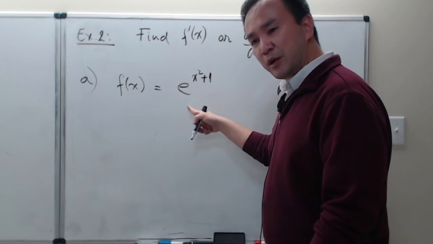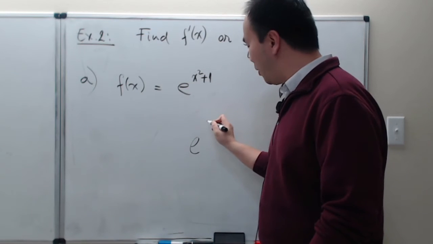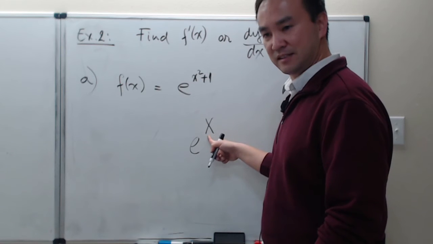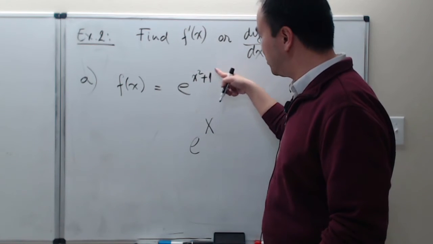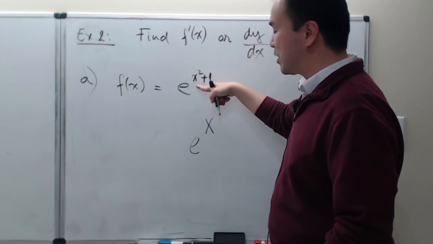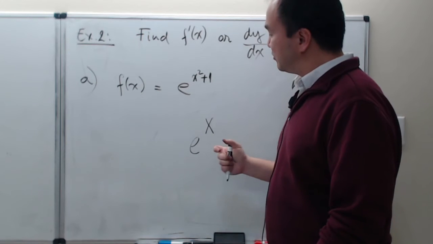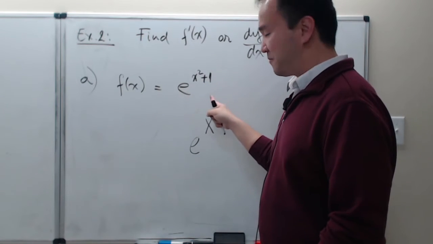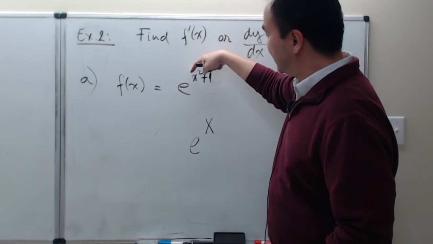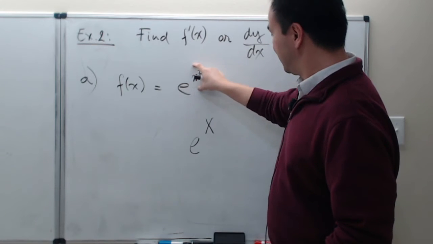This is clearly an exponential function. But instead of being the ordinary e to the x, just think about it as in place of that ordinary x, we're now substituting something. So inside of that ordinary x, there's a whole x squared plus 1. My advice is generally that anytime you're looking at an exponential whose exponent is anything other than the simple ordinary x, you can take all that.